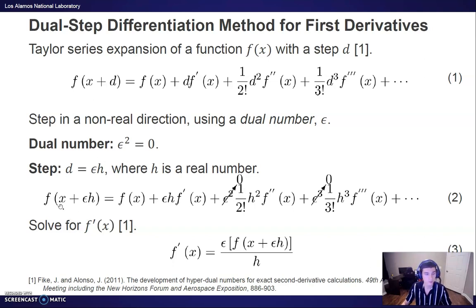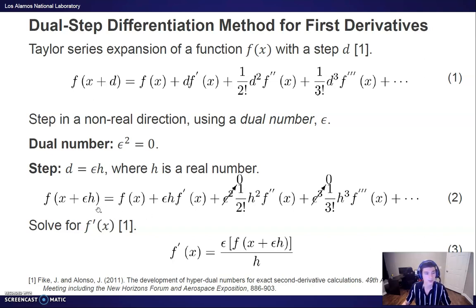So applying this non-real step to the variable of interest x with a step size h, which is a real number, the Taylor series becomes this equation, which, since epsilon squared is equal to 0, all these higher order terms drop out, and we're left with a Taylor series expansion that truncates exactly at the first order derivative.